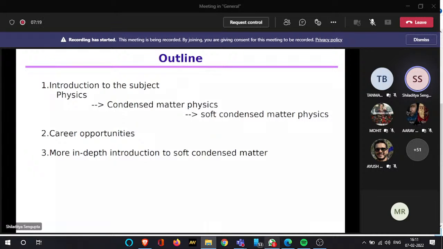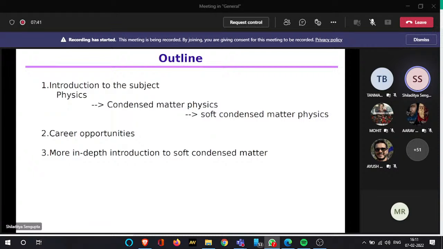I'll try to give you some idea about opportunities. The first two are what I'm aiming to cover today, and on Friday I will have a slightly more in-depth introduction to soft condensed matter.